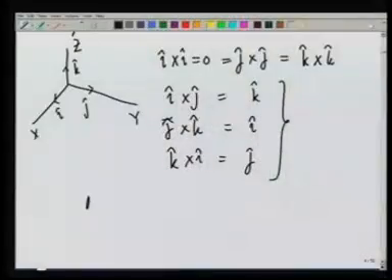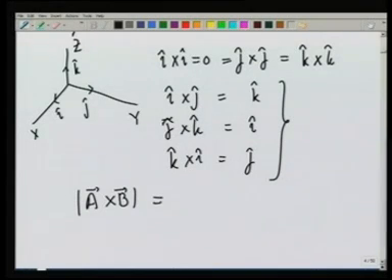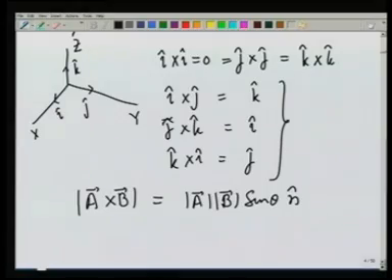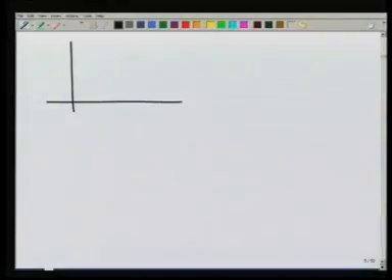First, I want to show you through an example that A cross B is really equal to A B sin theta times n, where n, as I told you, is in the sense of rotating A towards B through the smaller of the angles. So, let us for simplicity take this as x axis, this as y axis. Consider B to be a unit vector in x direction.